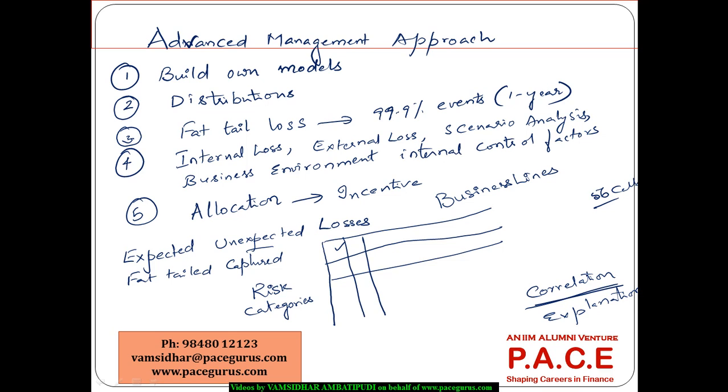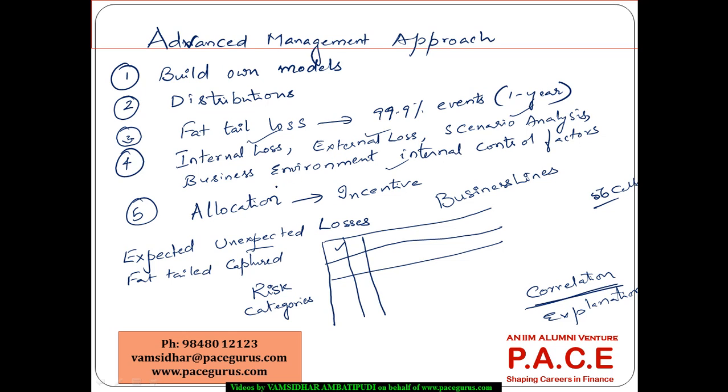And typically all these 4 data elements, the internal loss, the external loss, the scenario analysis, and business environment and internal control factors, all 4 should be included as a part of the model, but with different weights. Depending on the reliability of the data and on the kind of risk the company is visualizing, the weightages for each of them can be different.